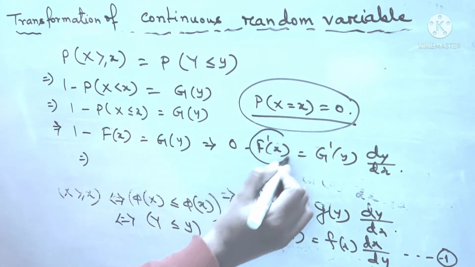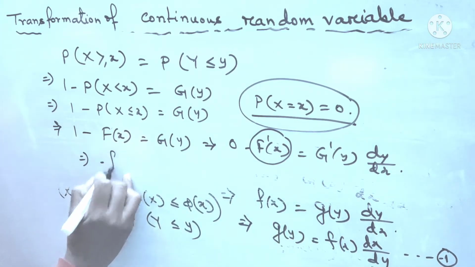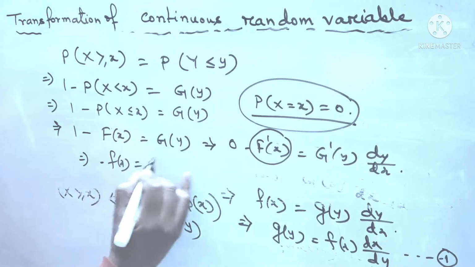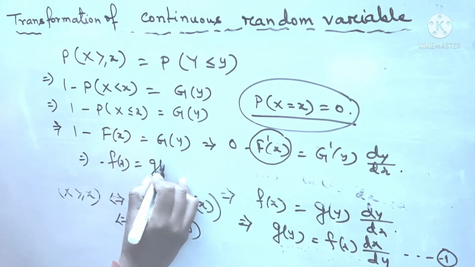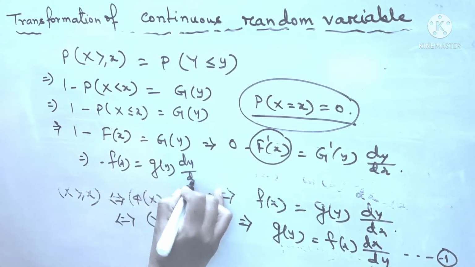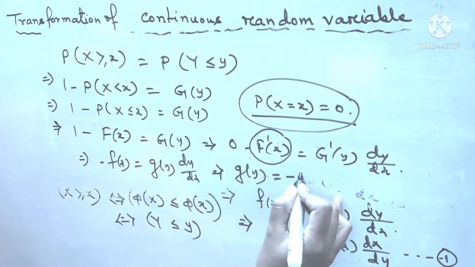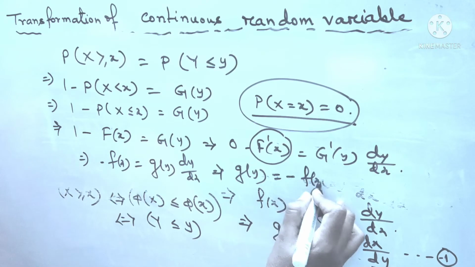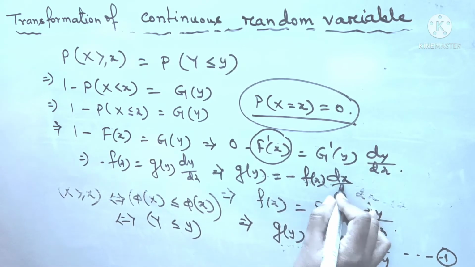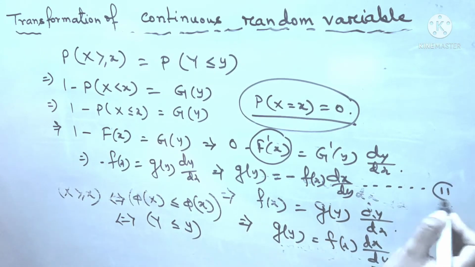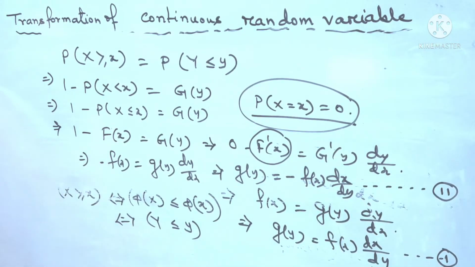We write here small f of x, this is the PDF of capital X, and this is g of y into dy/dx, that is g of y is equal to minus f of x into dx/dy, and we mark this as 2.